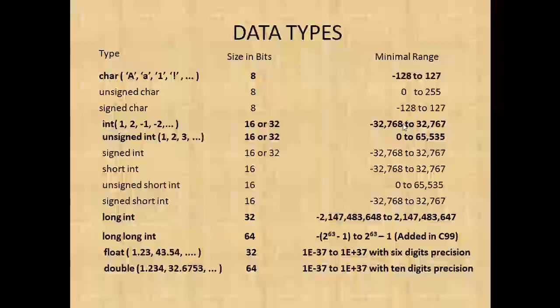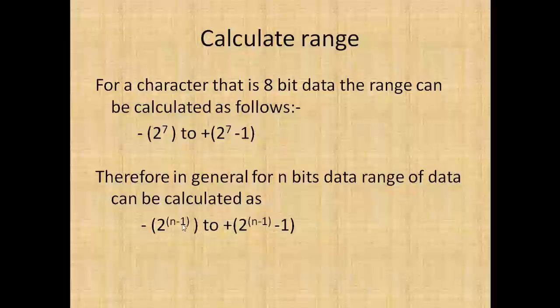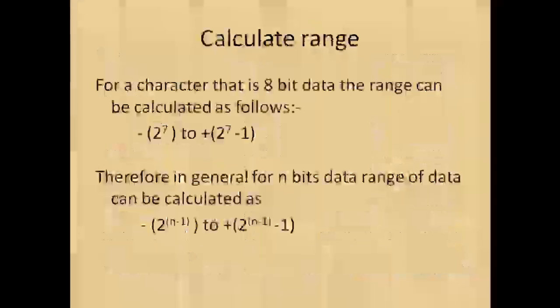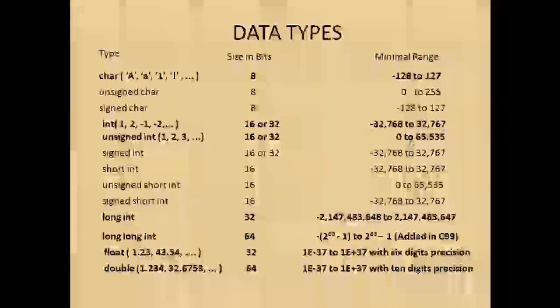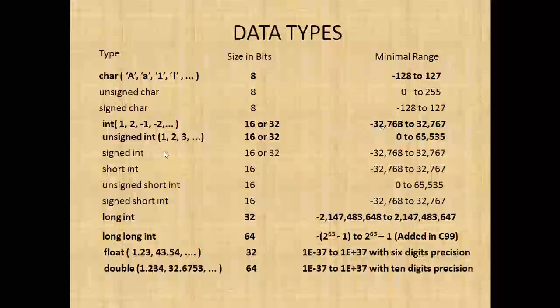So the range varies, and we can calculate the range using the formula I have told. As it is 16, we put n equal to 16, and that's how the result comes. So you can easily calculate.